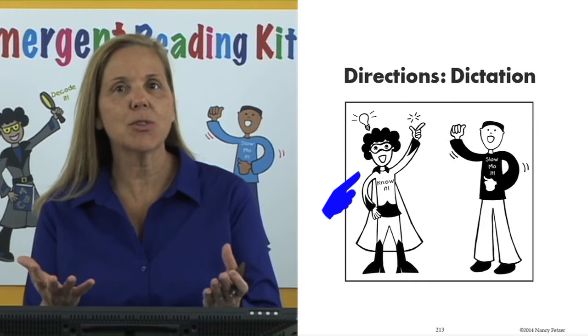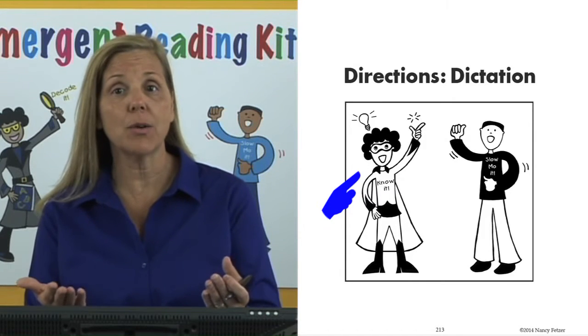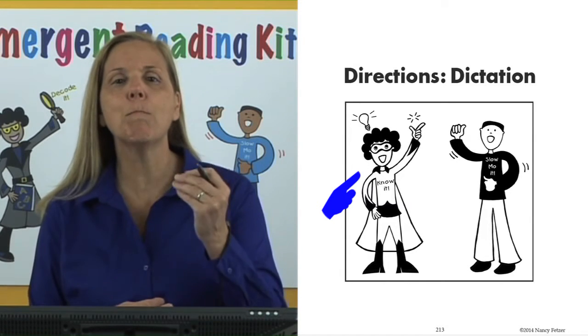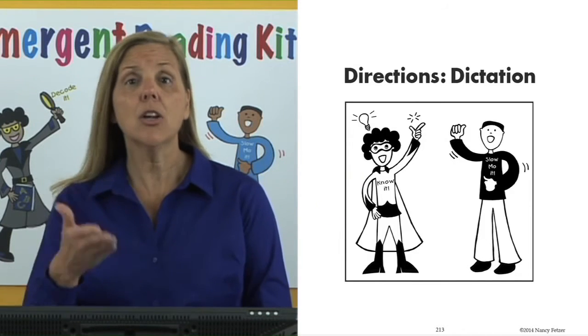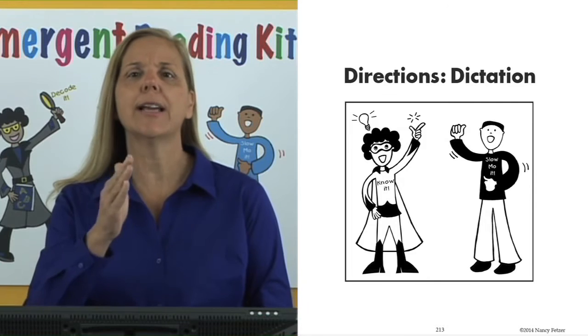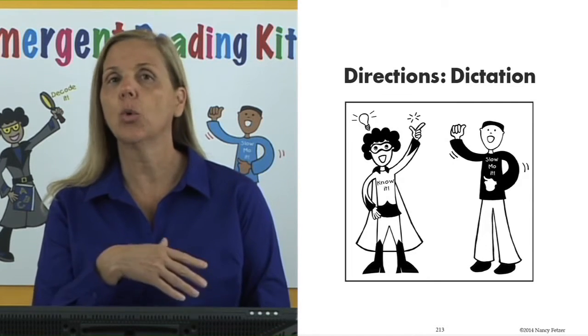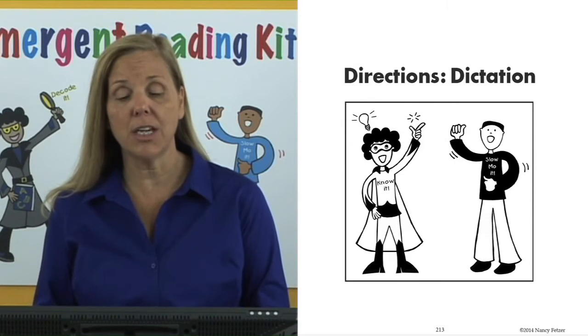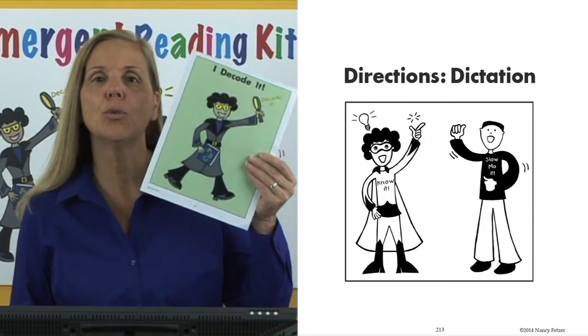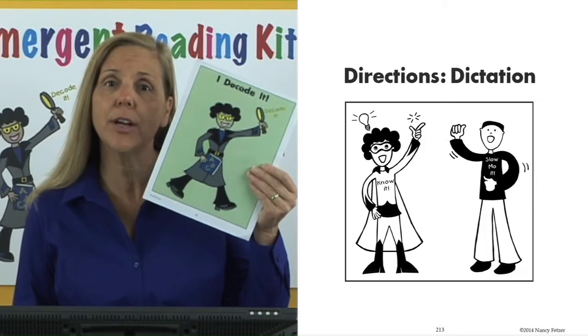I know it is the same strategy for reading and writing sight words. That's because students memorize those words to read them or to write them. In contrast, reading and spelling CVC words require different strategies. To read CVC words, remember, students are using the strategy I decode it.